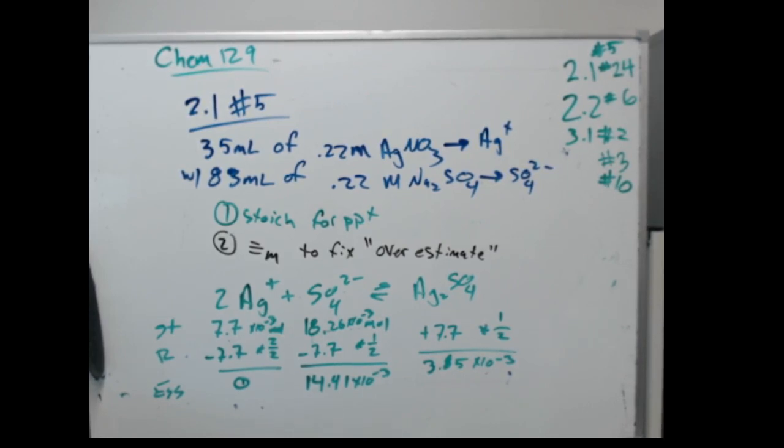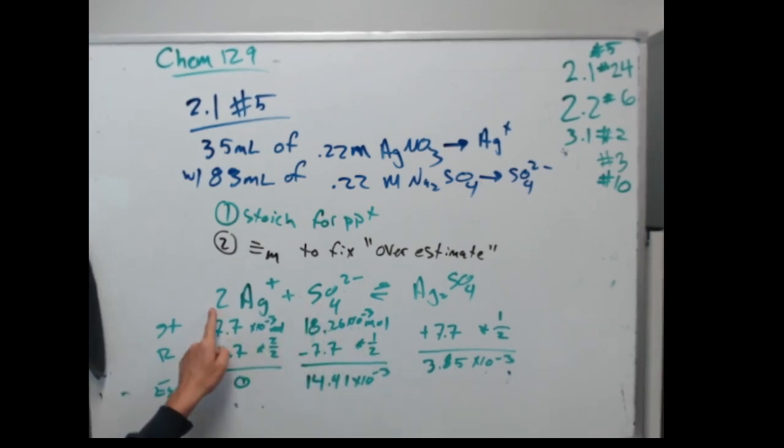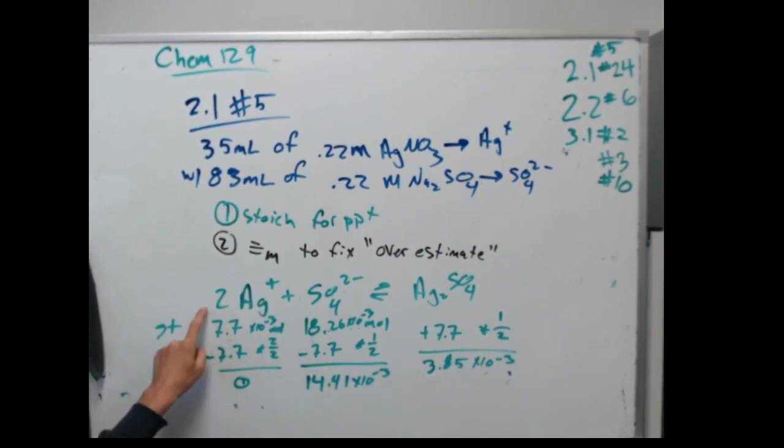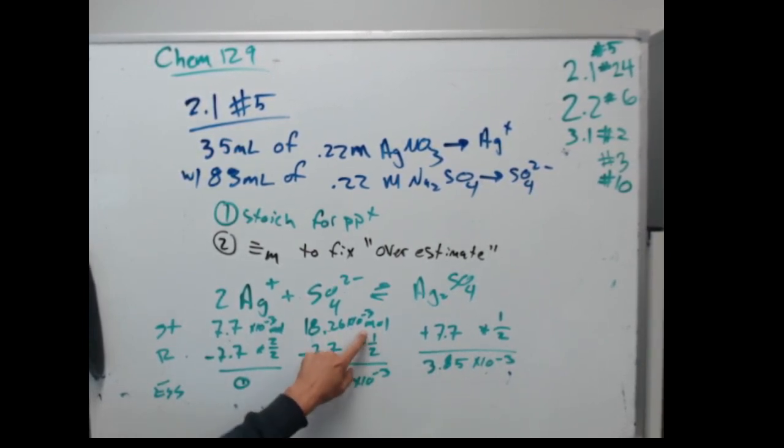Just a quick question, you're doing the times 1/2 because SO4 2 minus is the limiting reactant? Ag is the limiting reactant. Coefficient of the limiting reactant on the bottom of the mole ratio. So this is silver's coefficient, sulfate's coefficient. Even though there's a 2 Ag, it's like if there was a 2 SO4 2 minus, then the 2 would be on top.